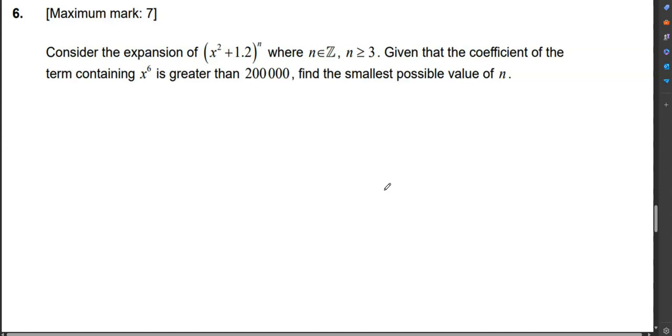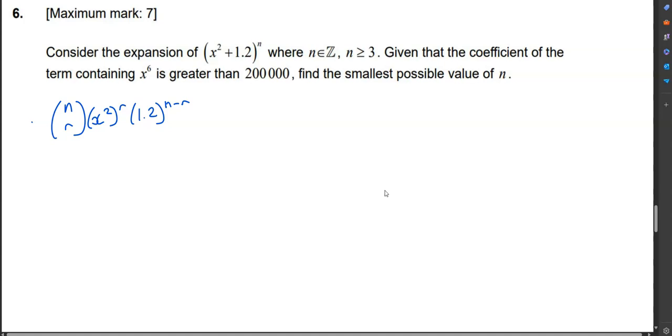Okay, a question like this, you have a bit of a sinking feeling and go, oh, really? What's going on? And we just have to be a little bit brave, get into it, and write down the general term. So we'll go n choose something, x squared to the power of something, and then 1.2 to the n minus something.